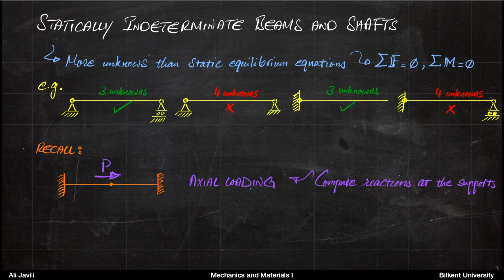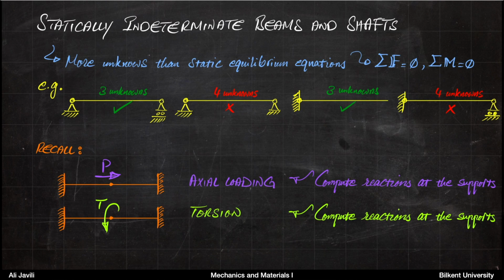But we talked already enough about statically indeterminate problems in the past. For instance, when we had an axial loading problem, we learned how to calculate the support reactions for an axial loading problem which was statically indeterminate.